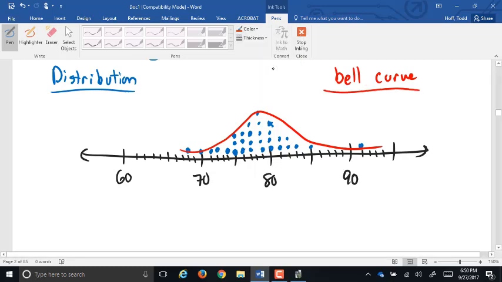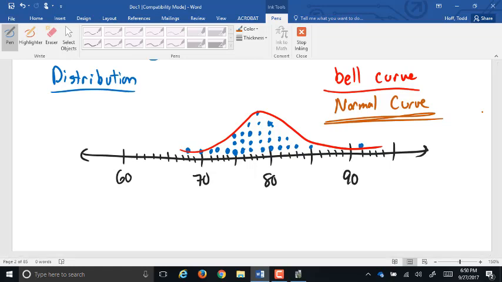The technical name for this is the normal curve, because it is the shape that data normally takes in nature. The height of people would be a bell curve, a normal curve. Lifespan of animals, of each type of animal, would be a bell curve like that.